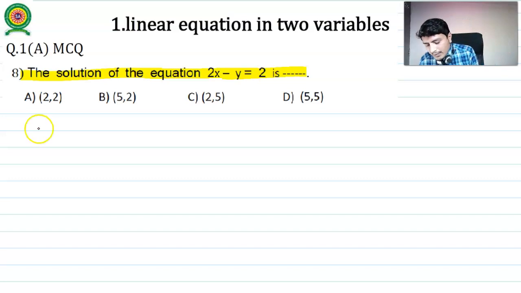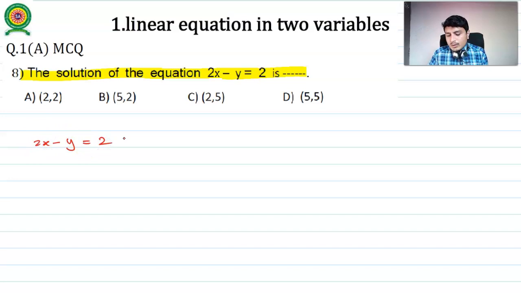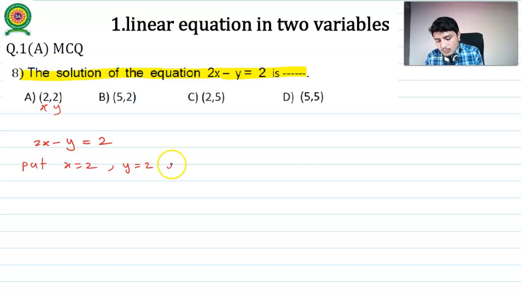So we have the equation of the form 2x minus y equals 2. Now look at choice A. We have x is 2 and y is 2. Let us put x equals 2 and y equals 2 in the LHS of the given equation, 2x minus y.